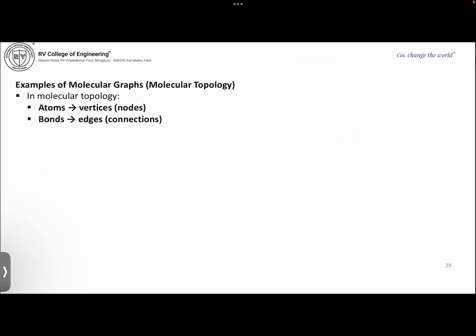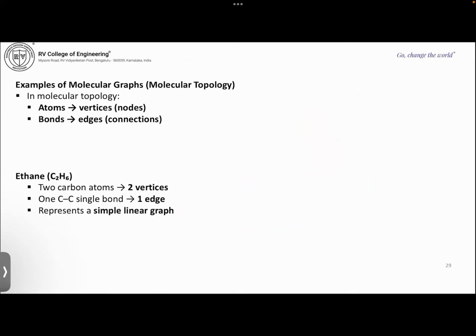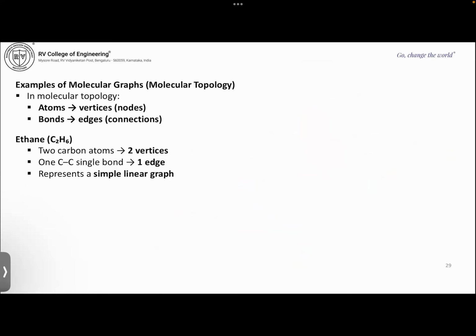For example, for molecular graphs in molecular topology, as we have discussed, always remember the atoms are vertices or nodes and the bonds are the adjacent connections. Let me take one example, ethane, C2H6.